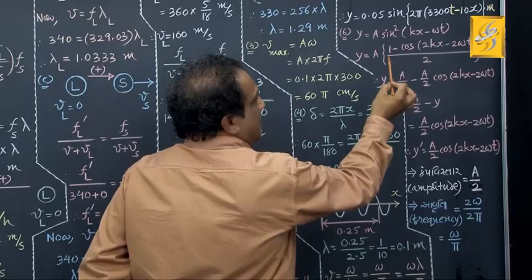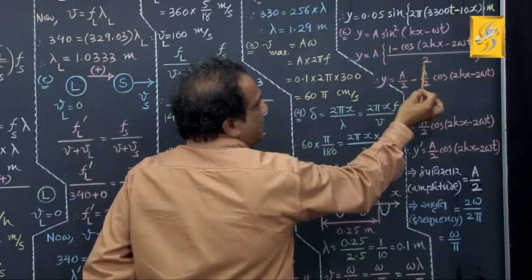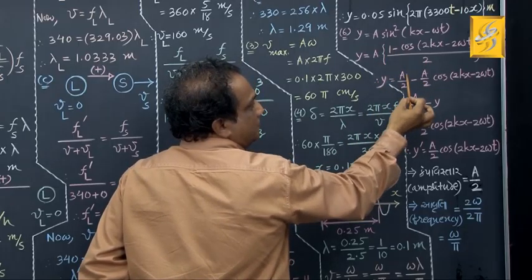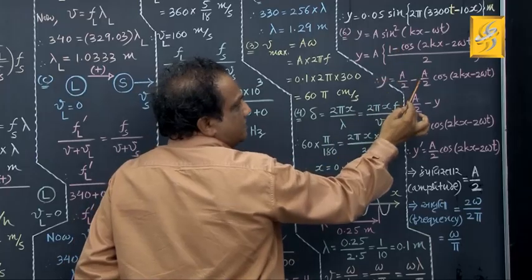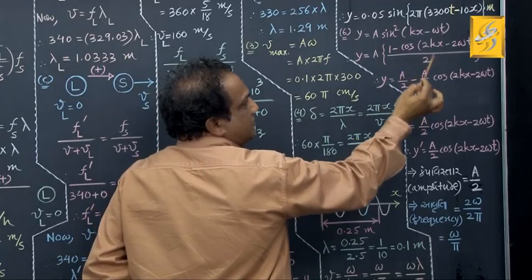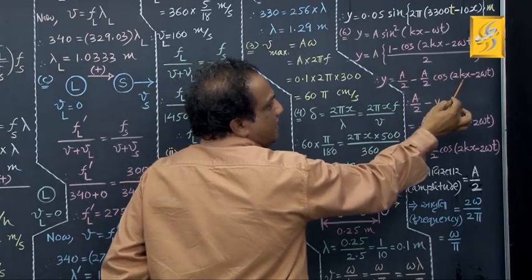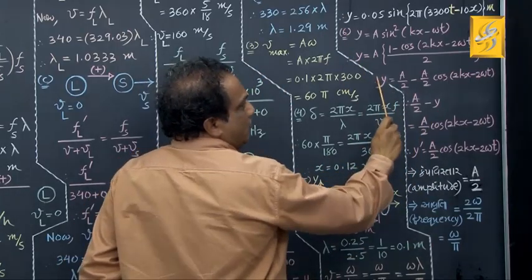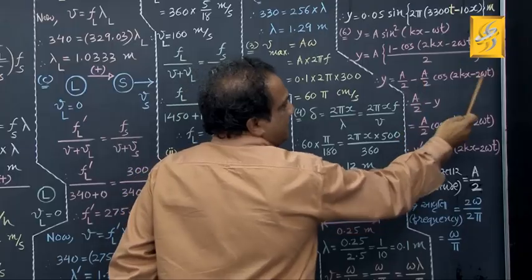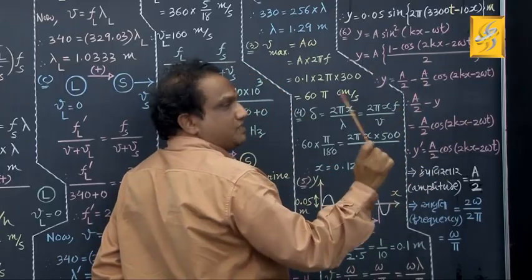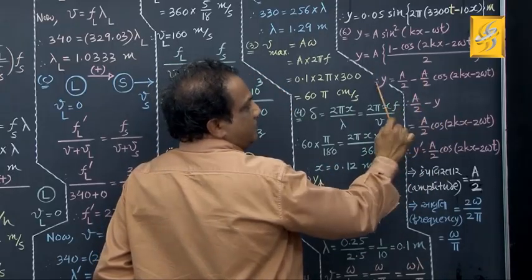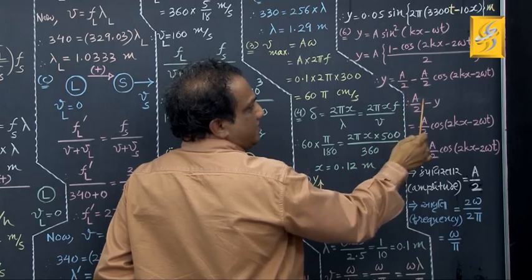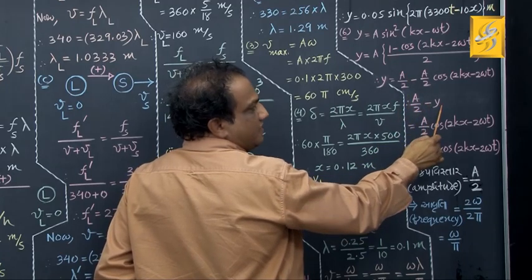Fine. Now a by 2 into 1 is a by 2, correct? Minus a by 2 into cos of (2 kx minus 2 omega t). Now take y on the right hand side and this part on the left side, it will become plus. So when you take y on the right hand side this way, then a by 2 minus y, correct?